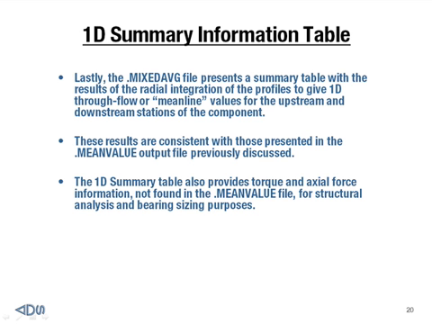But it also provides additional information that is based on a full span-wise integration and includes torques and axial forces, which are very important in the early stages for doing structural analyses, bearing sizing, shaft sizing.